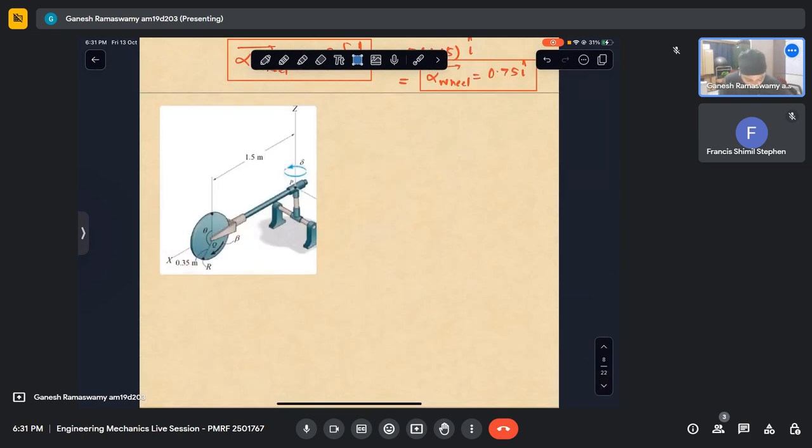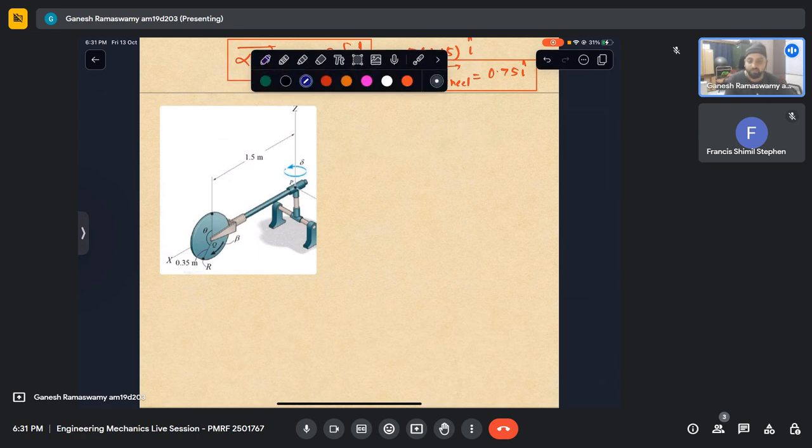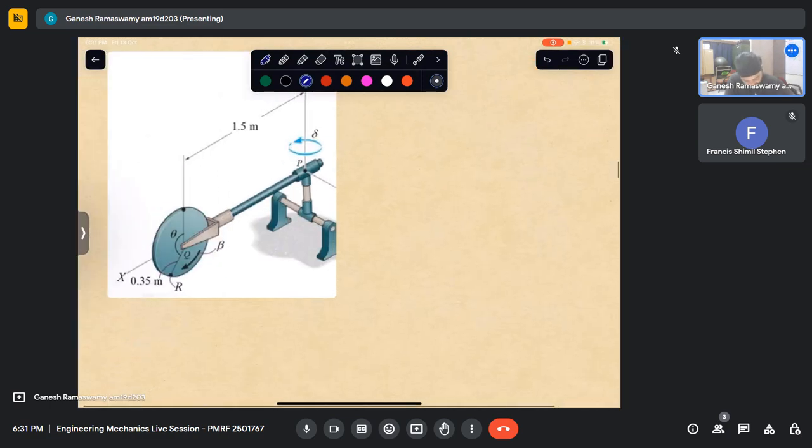Okay, so now we know rotating frame of reference analysis. So let us say that we attach one rotating frame here at point Q, where this is X, this is its Y, and this is its Z, sorry.